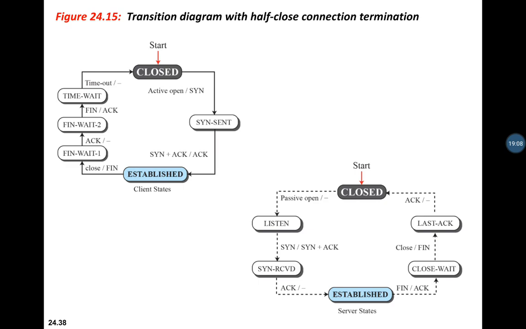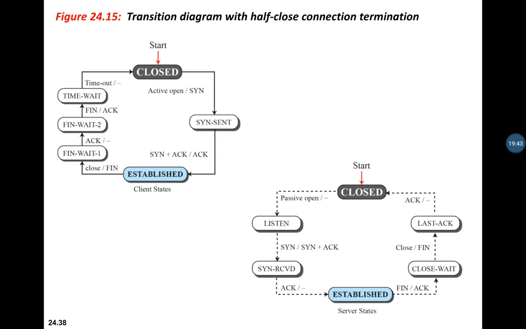TCP remains in this state until it receives a FIN segment from the client, indicating no more data and that the connection can be closed. The server, upon receiving the FIN, sends all the queued data, which means the connection must be closed, and then sends an acknowledgement segment and goes to the close-wait state, but postpones the FIN segment until it receives a passive close command.